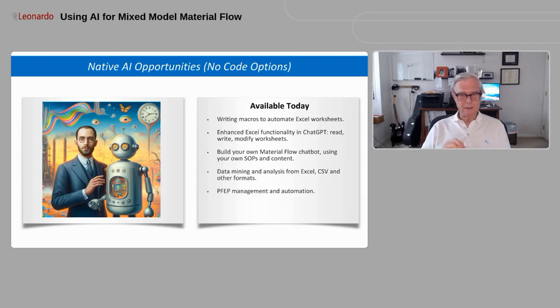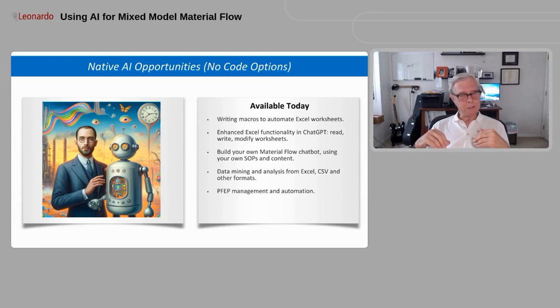All right, third thing you can do today, it says build your own material flow chatbot. Again, this is a new feature. We've been using this for a while with a separate app company called Custom GPT. Custom GPT let us upload our own documents, like our own books, our own YouTube video links, any content that you have that's yours or ours, and build a kind of private chatbot that is trained in our specific methodology.